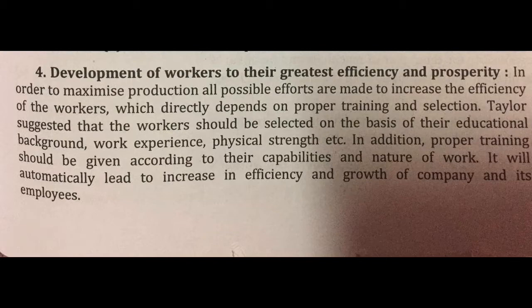Plus, firstly the organization should place them at the right position, and later on, when they are working, various types of training for their particular job should be given to them according to their capabilities and nature of work. This will automatically result in the efficiency and growth of the company and its employees. I think the four principles of scientific management are clear to all.